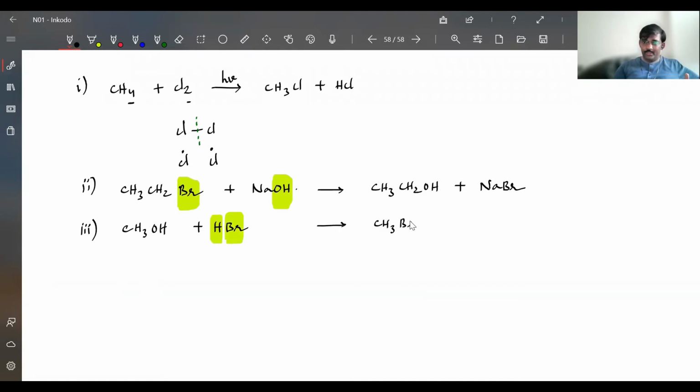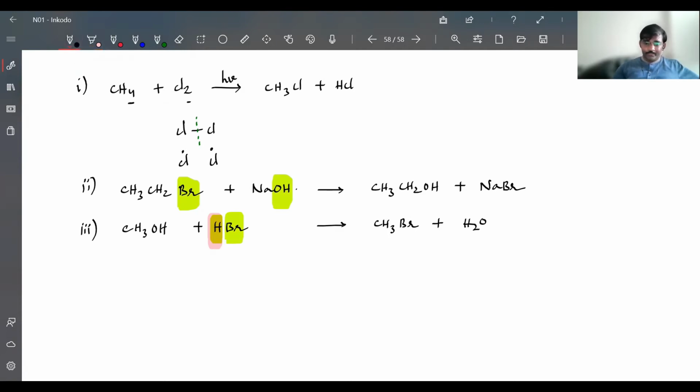At the same time, the H plus ion will react with the OH minus ion, so water will come. So the hydroxyl group OH minus is replaced by Br minus. But the reaction will be started by this H plus ion only, because initially I have HBr. That's why it is called an electrophilic reaction. But it is a substitution only, because I'm replacing OH minus ion with Br minus.